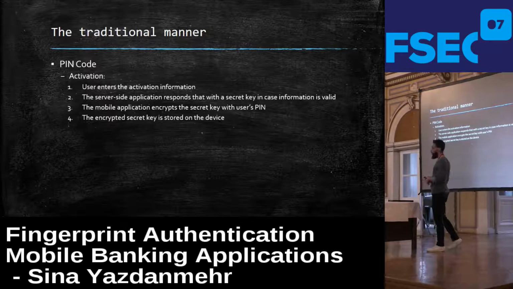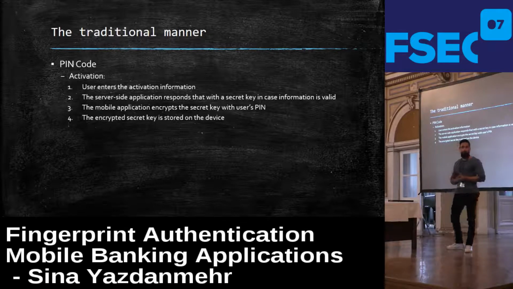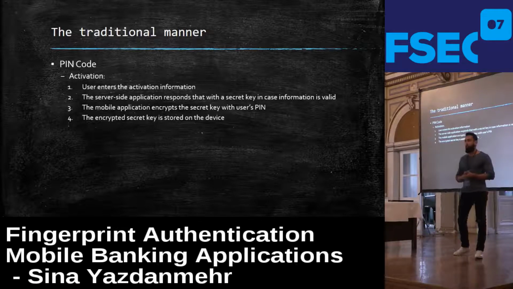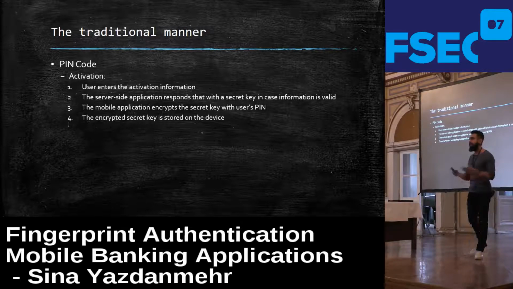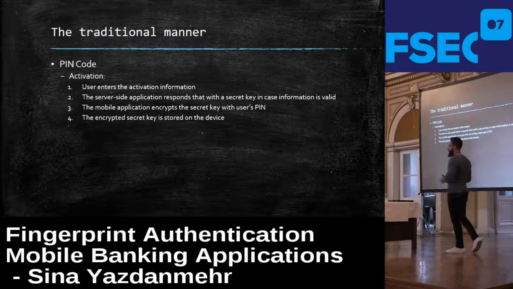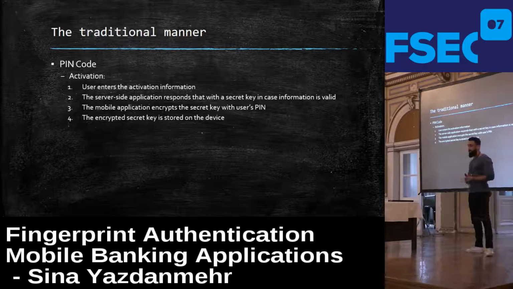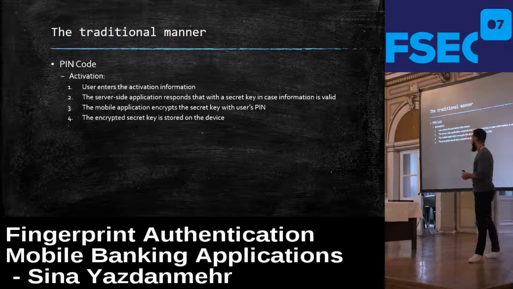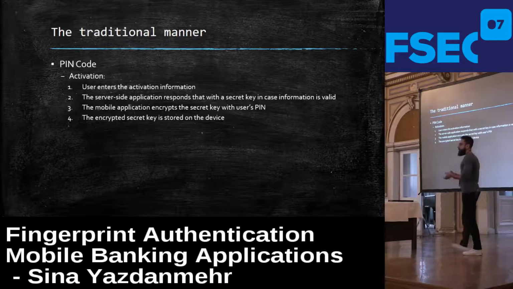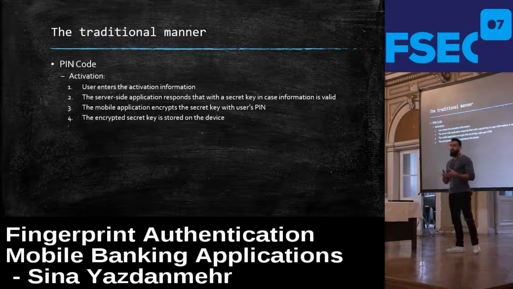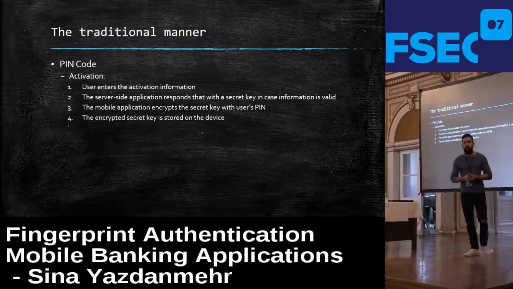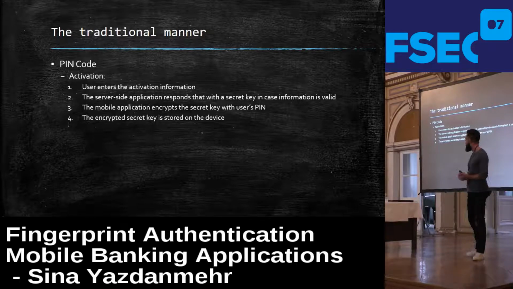In the current situation, when a user wants to start using a mobile banking application after installation and getting the activation information from the bank, first the user enters the data and the application sends it to the server-side applications. After validation, the mobile app will receive a secret key, maybe with other information about the account.